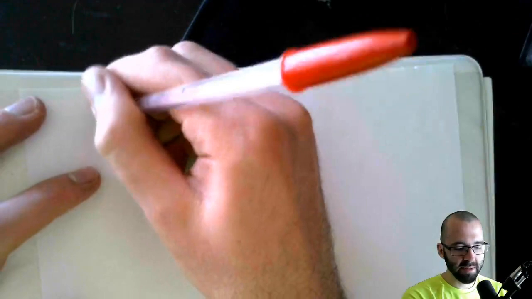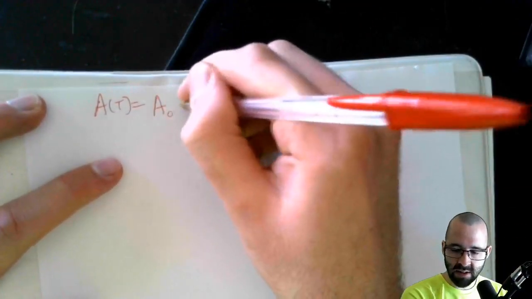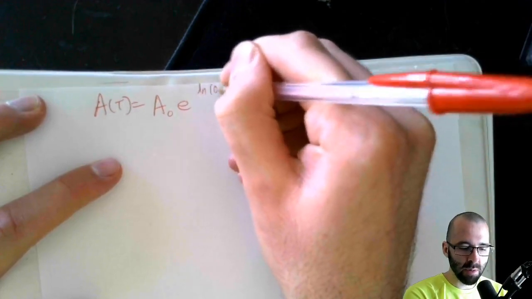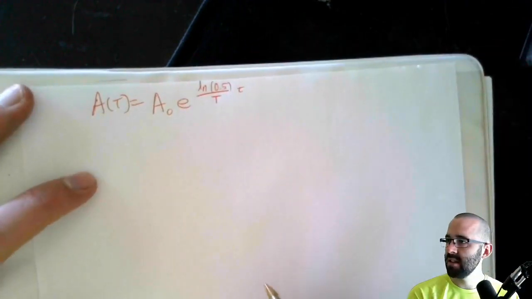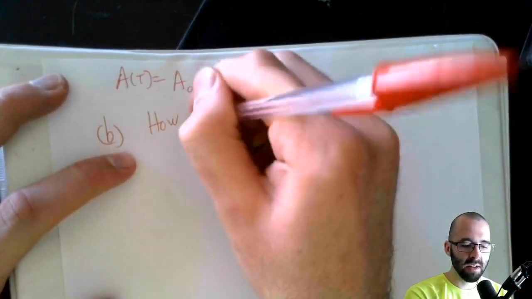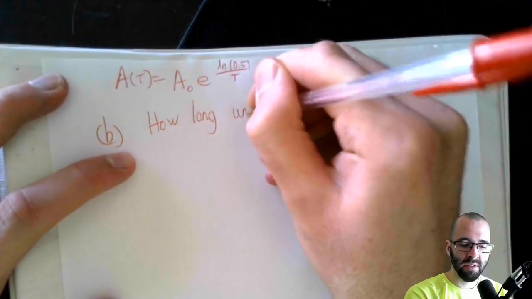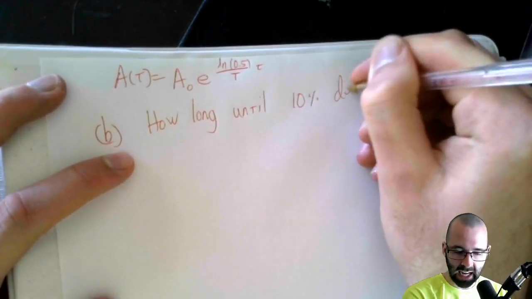Let's do part B. Again, I'm just going to rewrite the formula so we have it as reference. A of t is a naught, e to the ln 0.5 divided by capital T times t. Part B: how long until 10% decays?